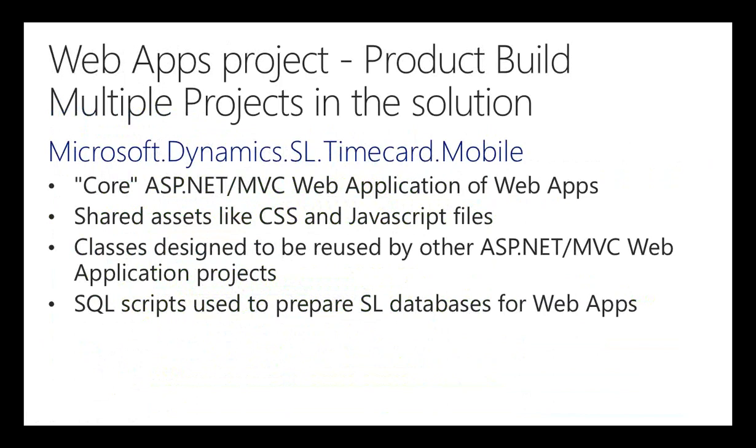Once you get all those prerequisites installed and you get the solution downloaded, unzipped, and opened in Visual Studio, if you start taking a look around, you'll see that the solution is made up of a number of different projects. One of the main ones you'll want to take a look at is the Microsoft.Dynamics.SL.Timecard.Mobile project. It is a mouthful.